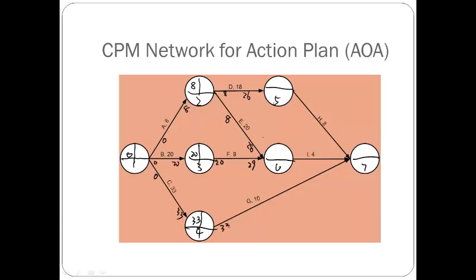This 33 comes here, 43. And when you go to this event, there's only one activity going into it, so 26. For this one here, you have two activities going in. You take the largest. We're talking about the earliest finish. So that's 29.